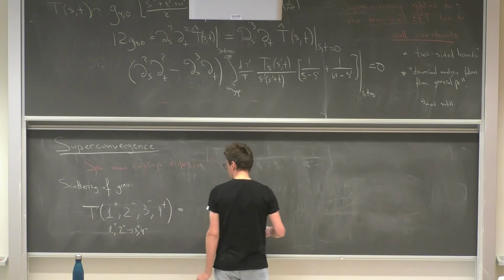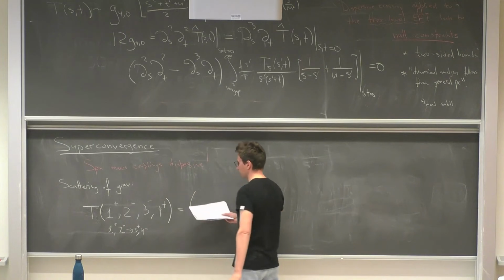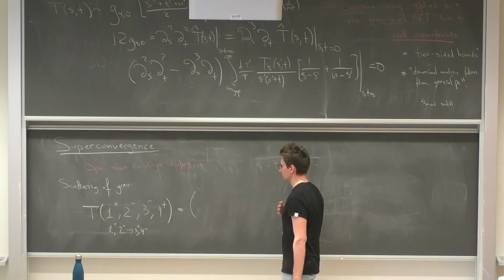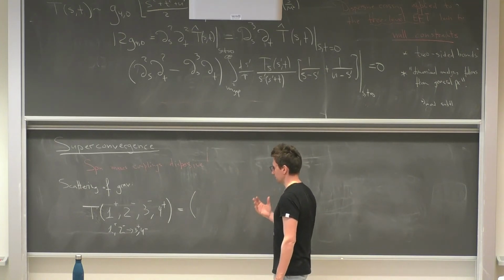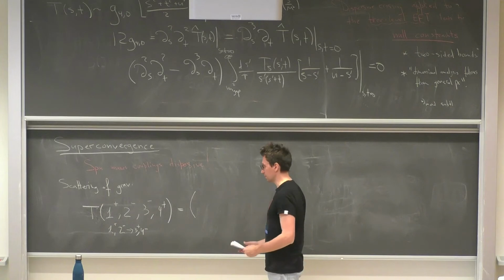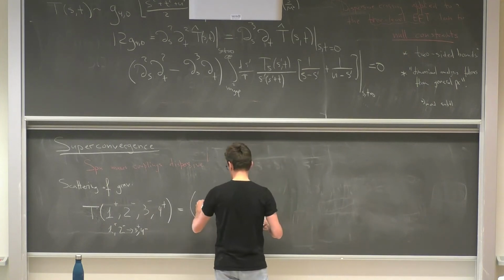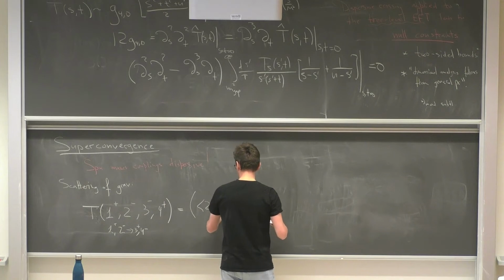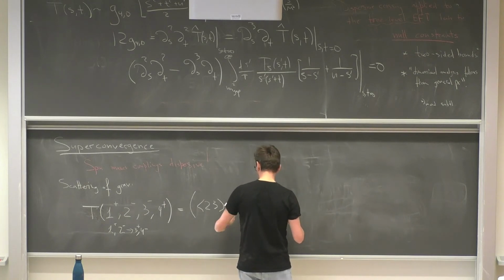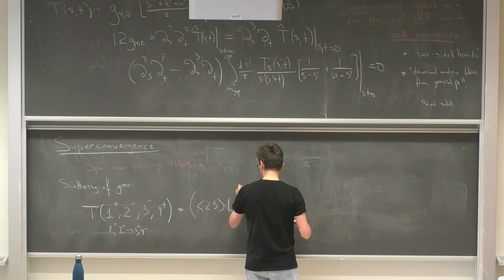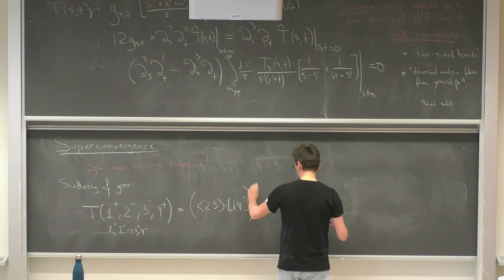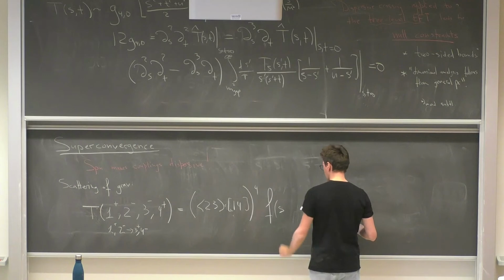And you might have seen that if you have such an amplitude, it depends on the polarization of the gravitons, and the dependence on polarization in 4 dimensions is very simple. It's completely fixed, and you have the so-called spinor helicity variables. But for now, it's just a statement that you consider polarized gravitons.